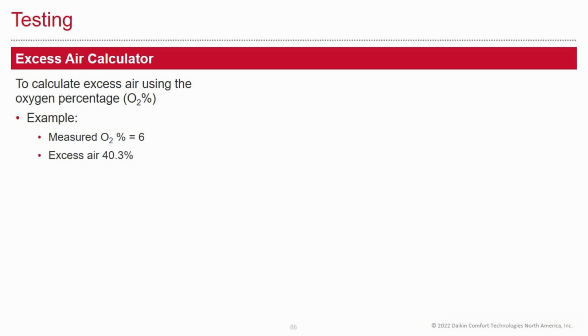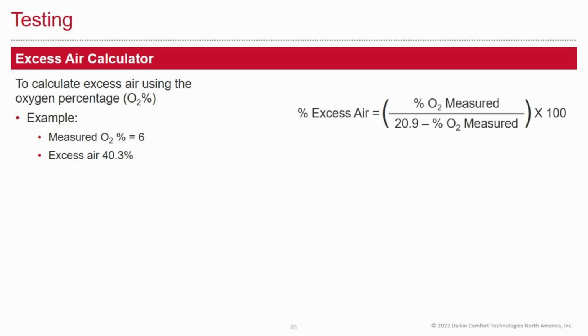The amount of excess air is 40.3%. So the formula is the percentage of excess air is the percentage of O2 measured using a combustion analyzer divided by 20.9, which is the percent of oxygen in the air, minus the percent of O2 that was measured, times 100.